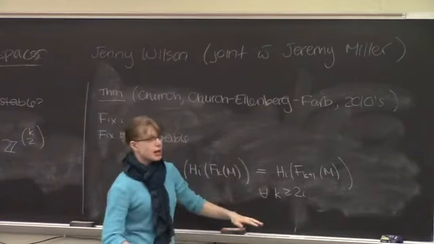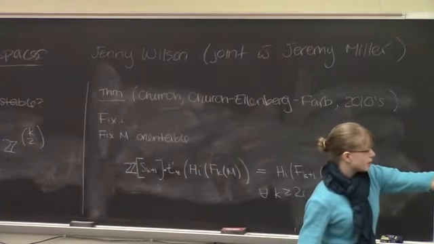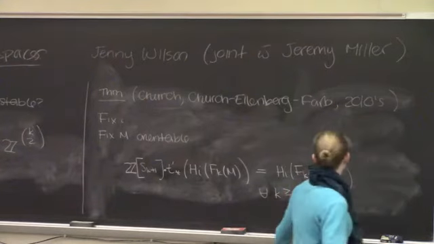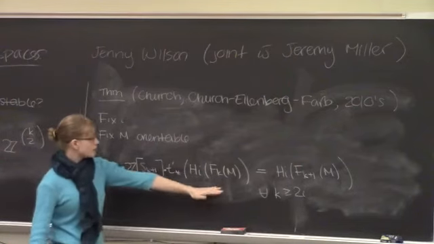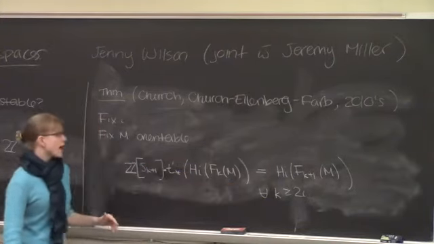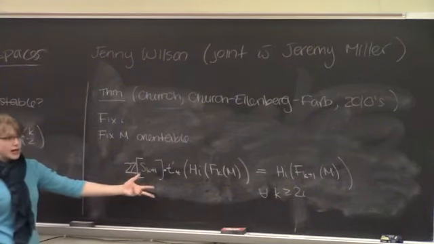by some sort of standard transfer argument, I can identify the rational homology of the base space with the coinvariants under the symmetric group in the rational homology of this space. And it turns out this theorem is actually a lot stronger than what I've written down here.